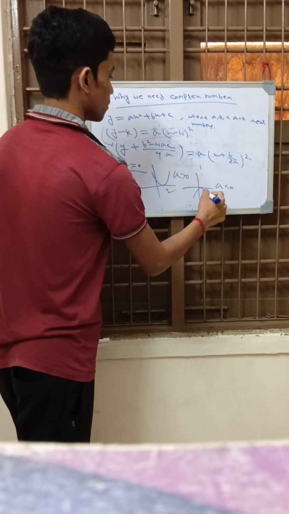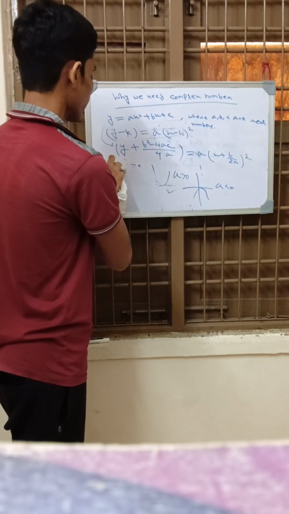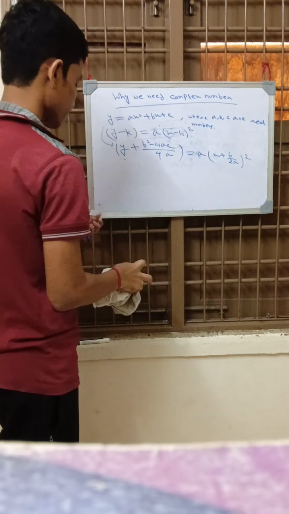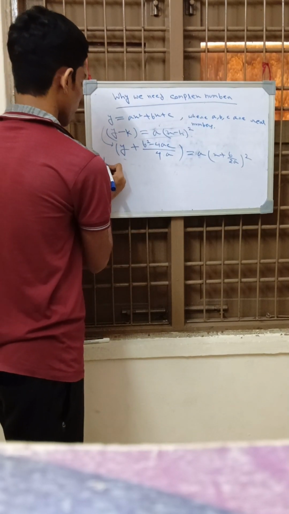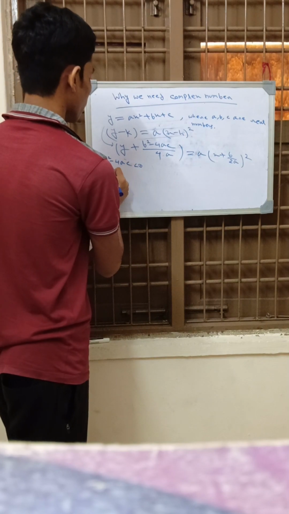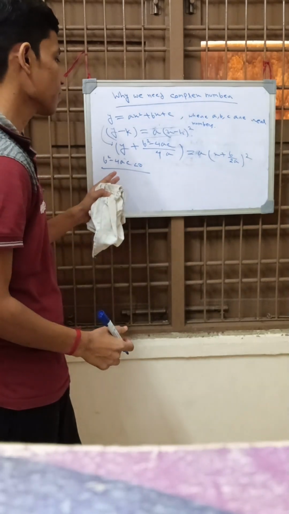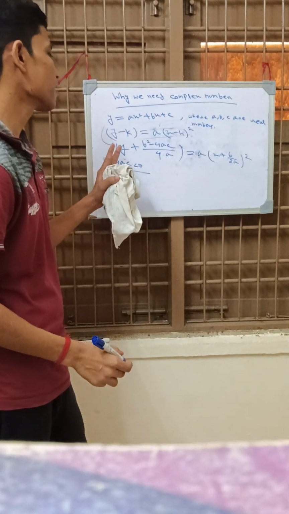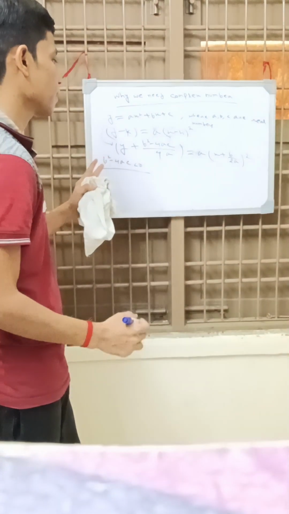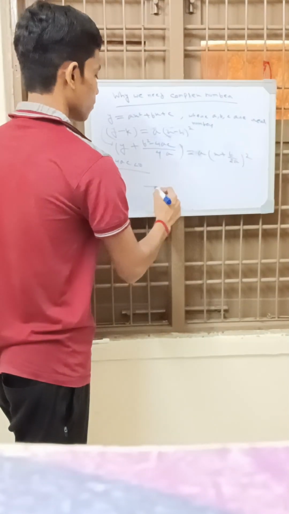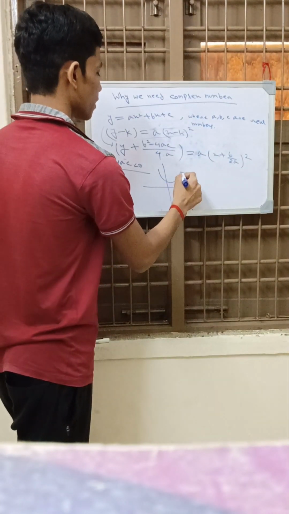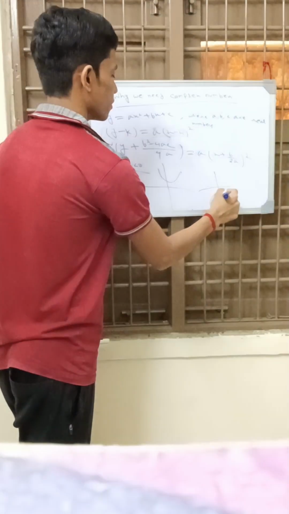If a is less than 0, then this type. Now if b square minus 4ac is less than 0, then there is no real root. So in this case, the parabola does not cut the real line. Either this type or this type.